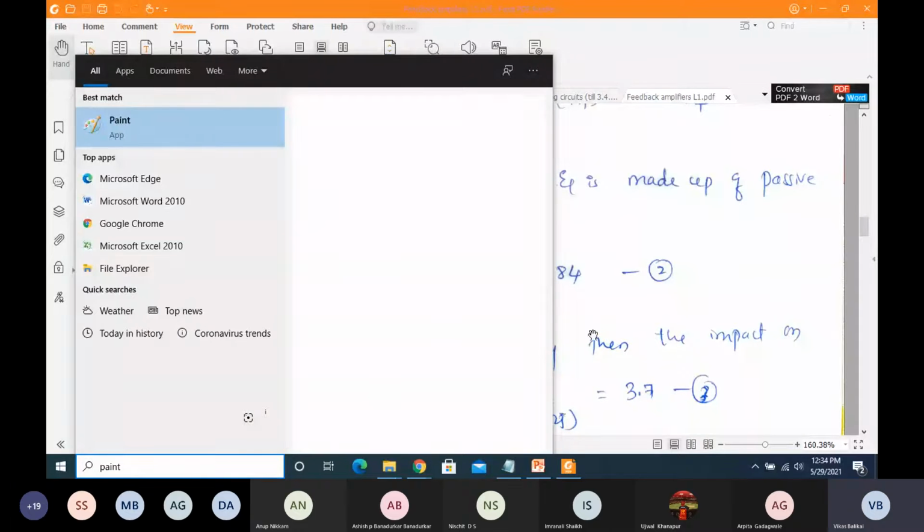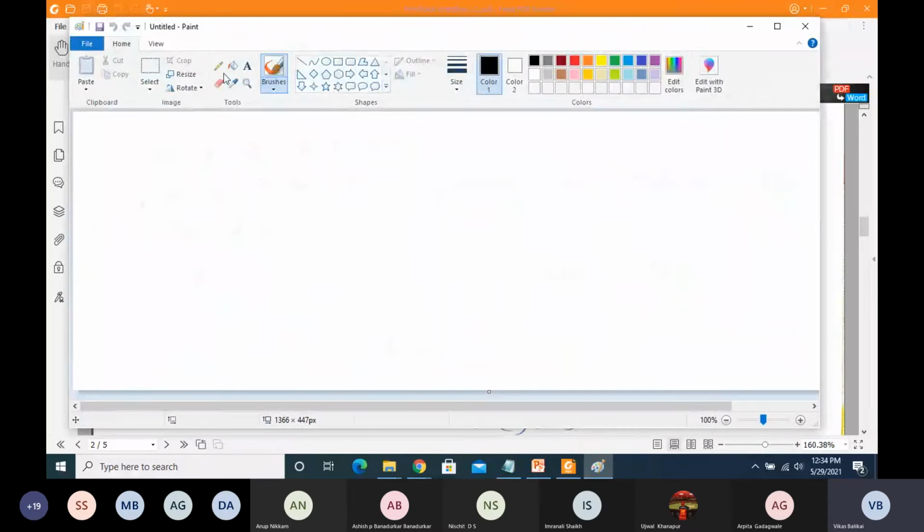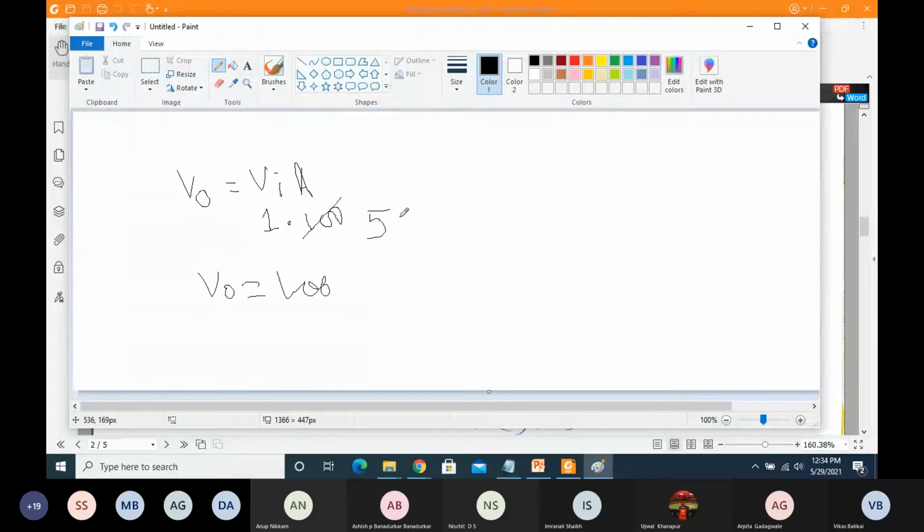We know that V naught is given by Vi times A. If A is 100, absolutely fine, and let's say input is 1 volt, it is multiplying and output is equal to 100. But what if this A reduces to 50? Then the output is reducing to 50. So if there is a sudden dip in the open loop gain, my output is also getting reduced accordingly.